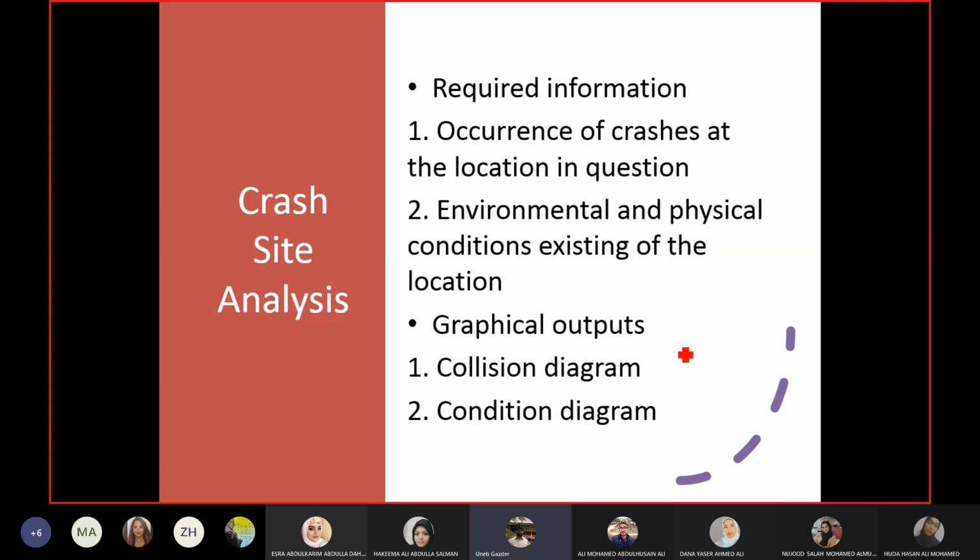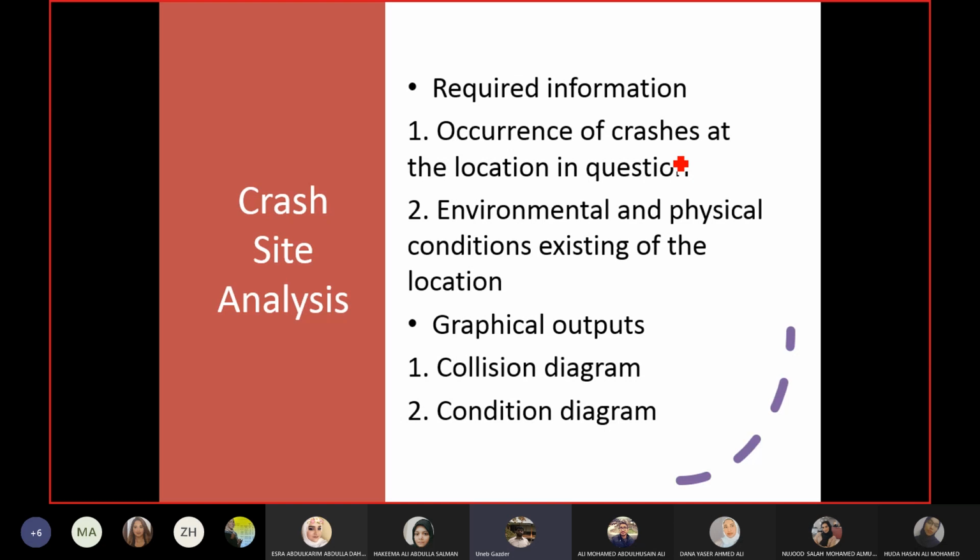For the site which you say has a high number of crashes compared to other sites, you collect more data: all the crash data available for that location and the data related to the environmental and physical conditions of the site.